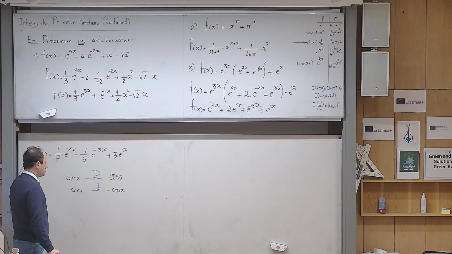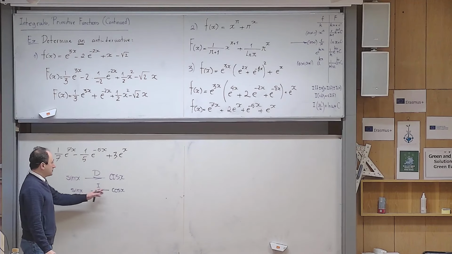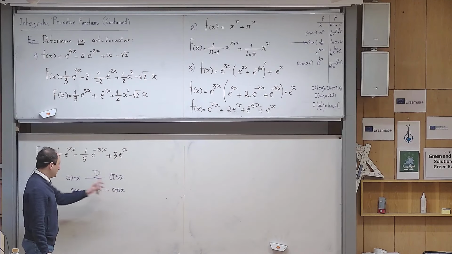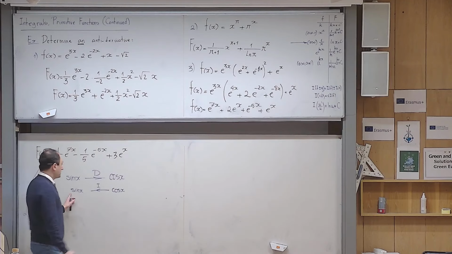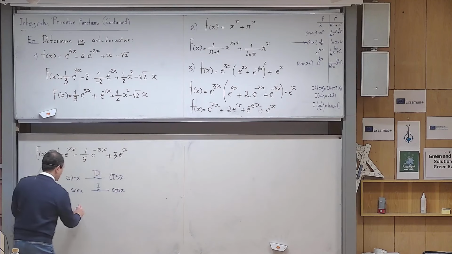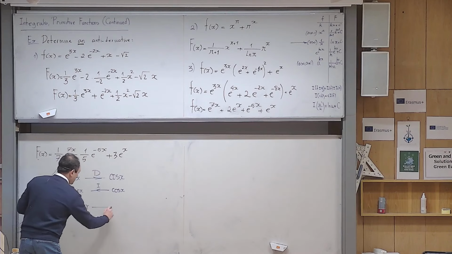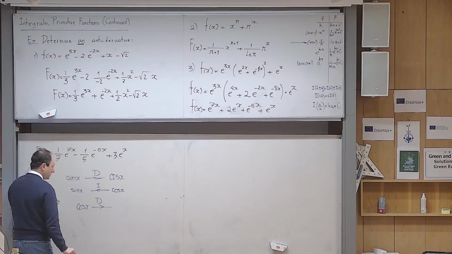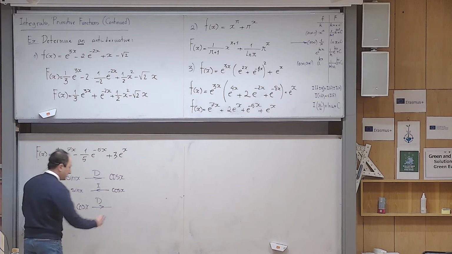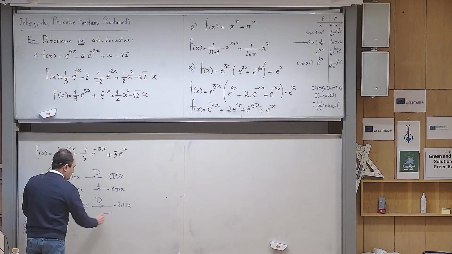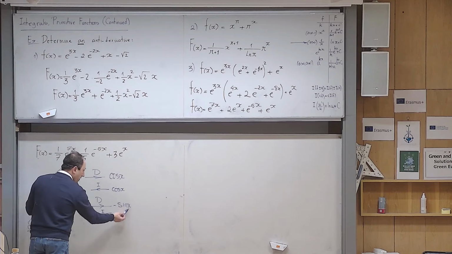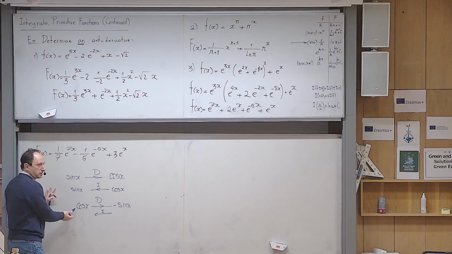Okay, so antiderivative or primitive function for cosine is directly sine without any minus signs. Okay, but if I give you cosine and I ask you to differentiate it, do you remember there was one minus sign involved and this becomes minus sine x. So if I go backwards, antiderivative of minus sine x is cosine x.